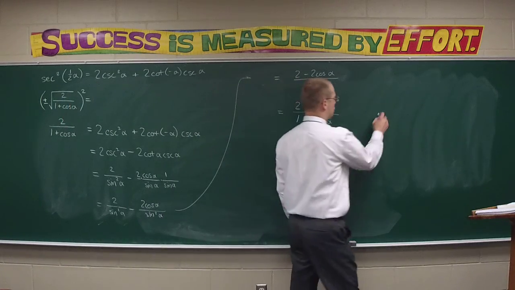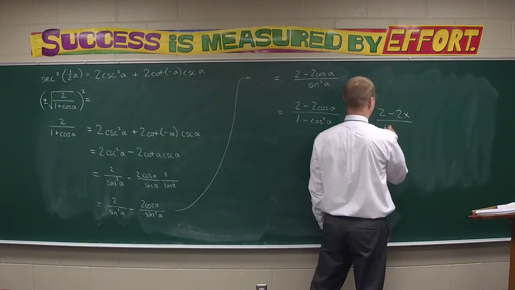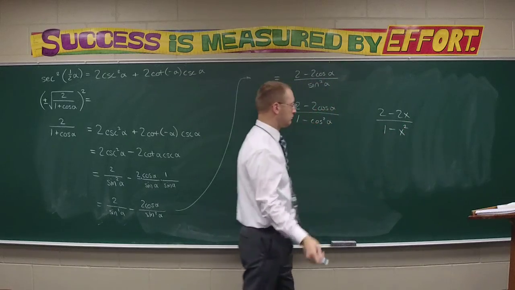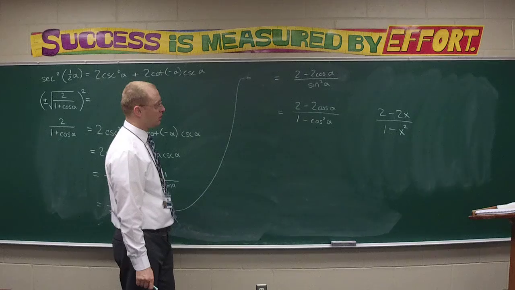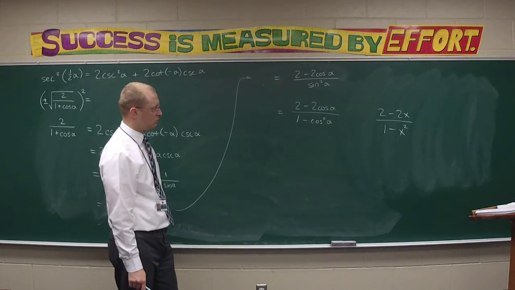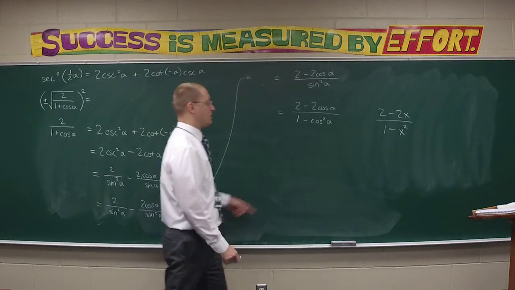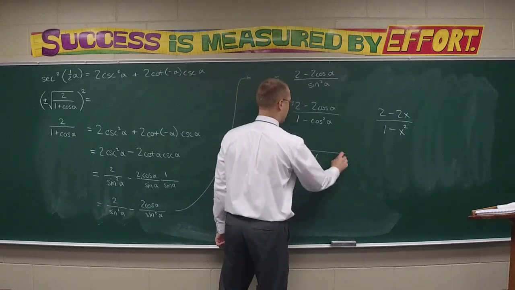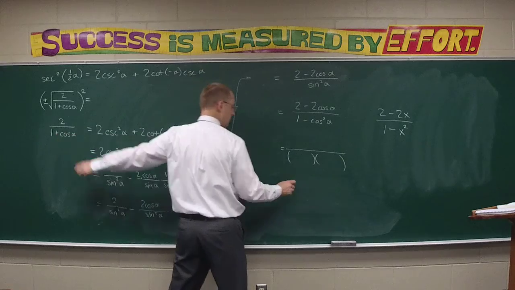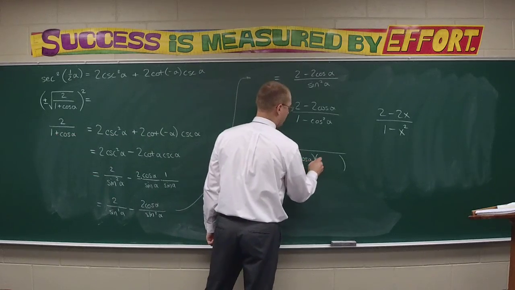So basically we've got a 2 minus 2x over 1 minus x squared, except instead of x's it's cosine. This is a difference of squares, which factors into a 1 plus cosine and a 1 minus cosine.